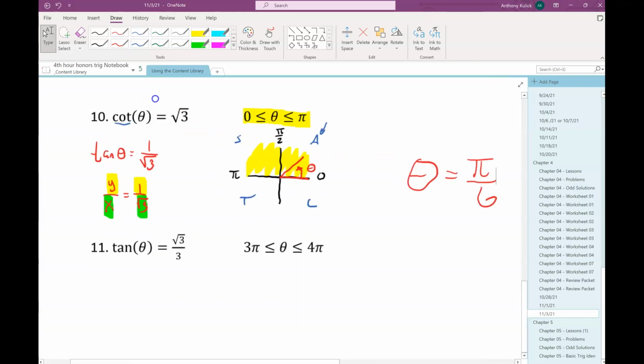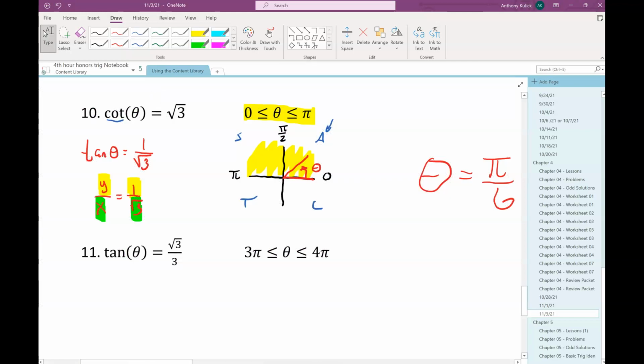Wait, I'm sorry. 1 over the root 3, right? Okay, that's tangent. Yeah, so you check the coordinates to see which one gave you that. It's the same thing. You're just going the opposite direction. That's fine. Yep. Eric?